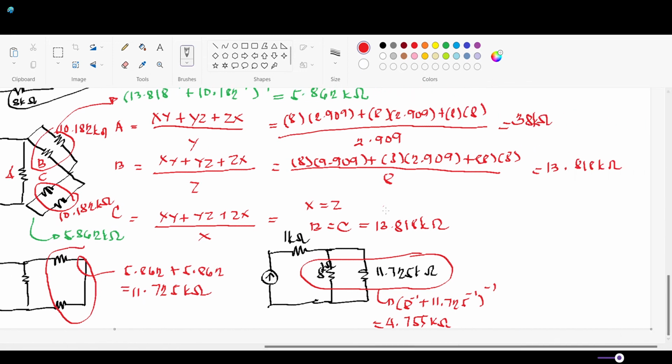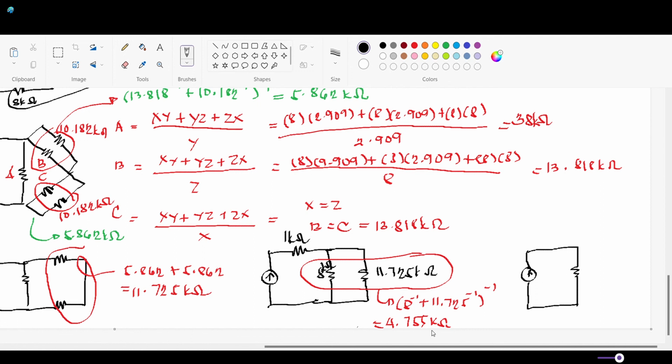Now 4.755 kilo ohms is in series with 1 kilo ohm. Okay, so ang may iwan na lang ito na yung R total natin.